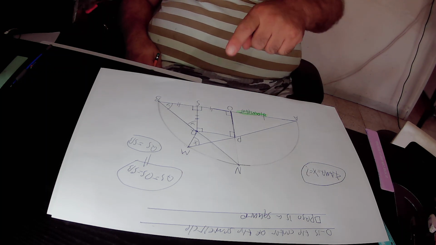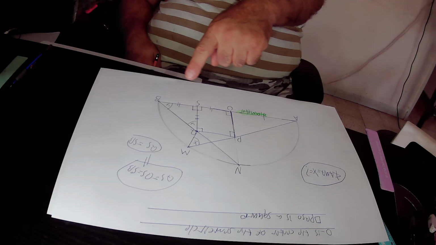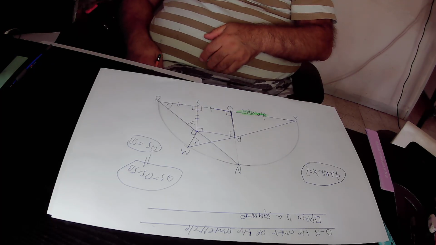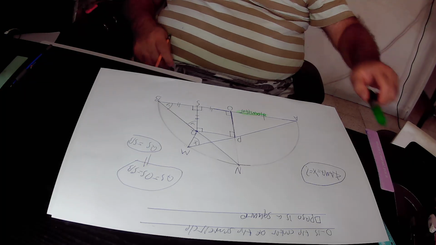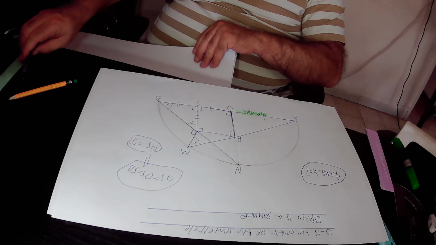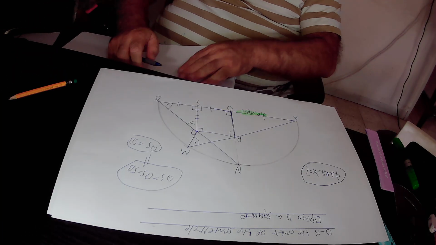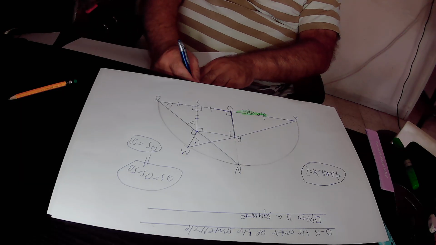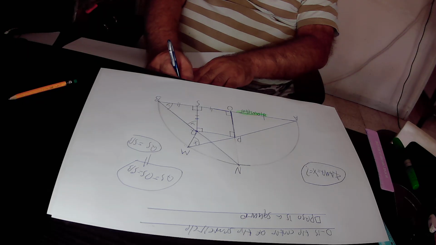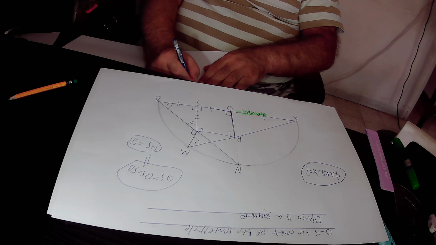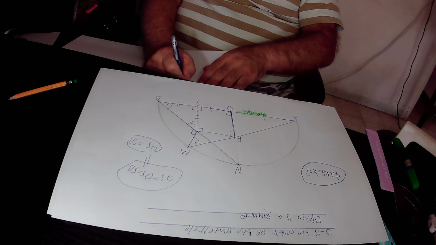So in the right triangle QSB, we have y plus y, that is 2y, plus 90 degrees. In total, the sum of those angles must be equal to 180 degrees.